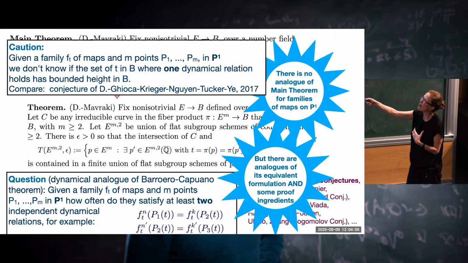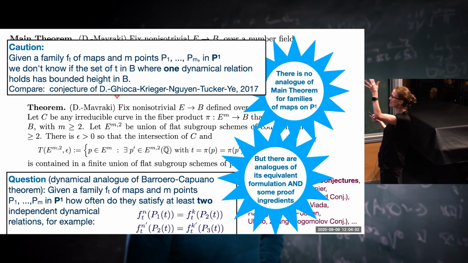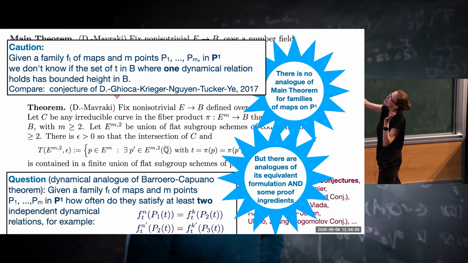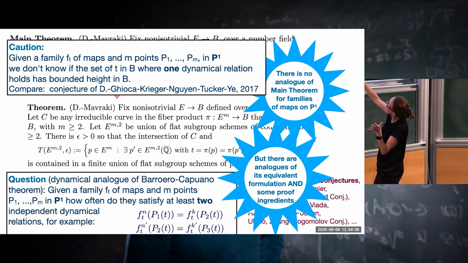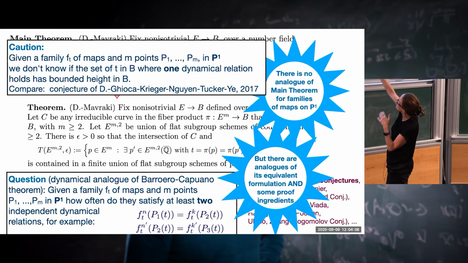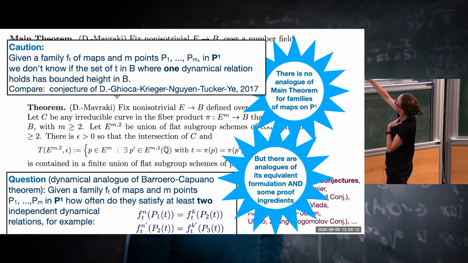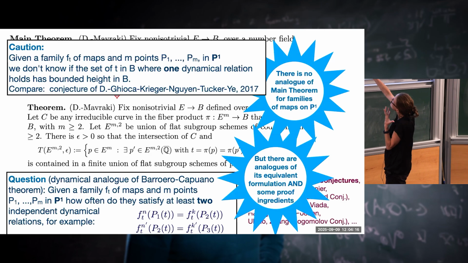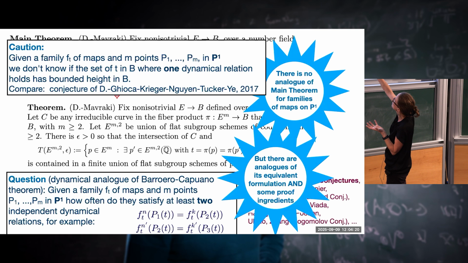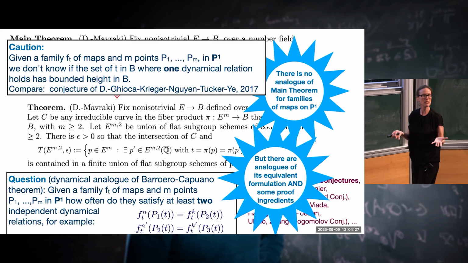So if you're given a family of maps, sorry, again, the slide is getting busier and busier. If you have a family of maps and you take some collection of geometric points, that is, sections for your family, we don't know if the set of parameters where some dynamical relation takes place, for example, a collision between 2 of the points, will have bounded height in the base.